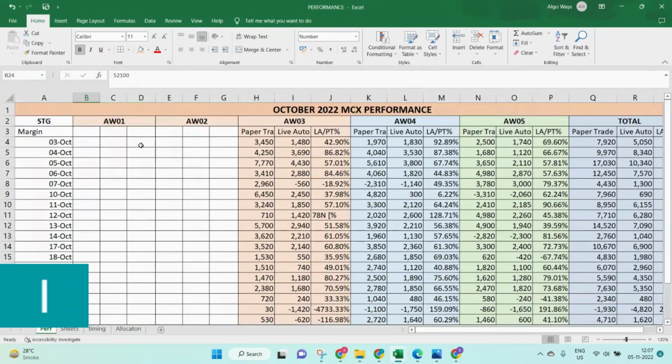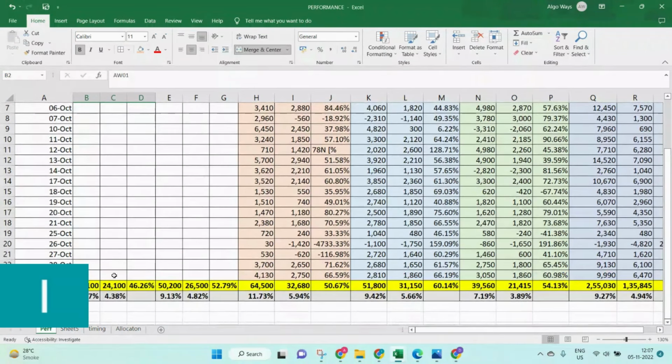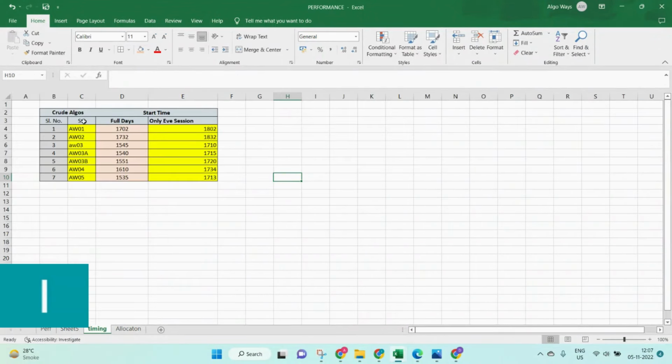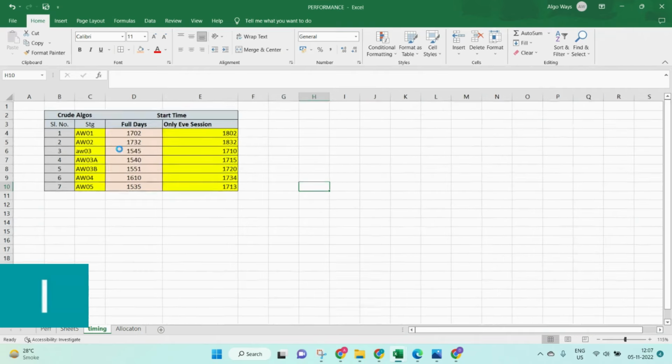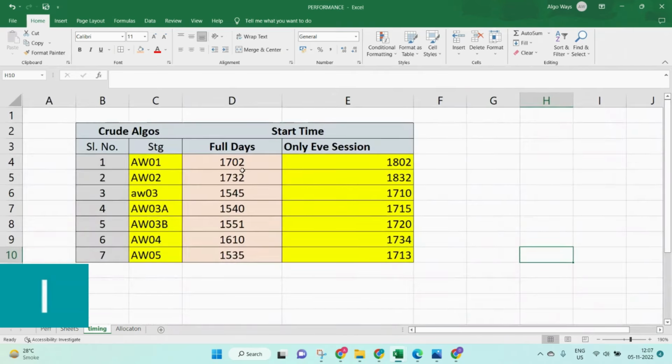If we see strategy AW01, let me tell you at the same time what time it starts. AW01 starts at around 5 o'clock, 5:02.